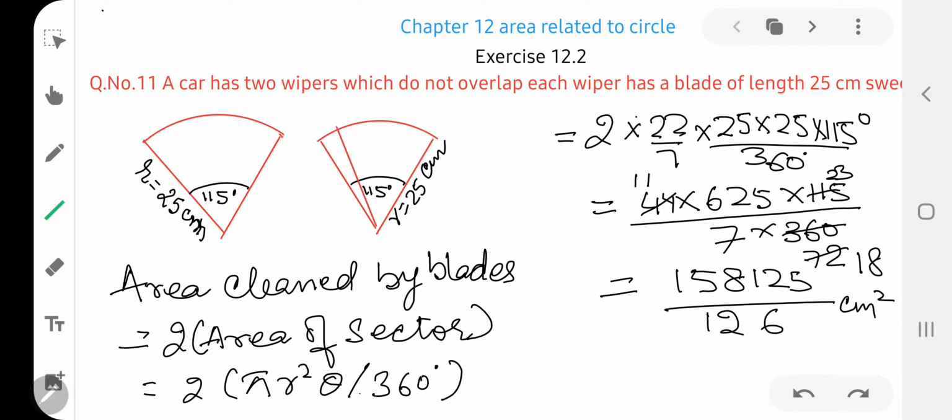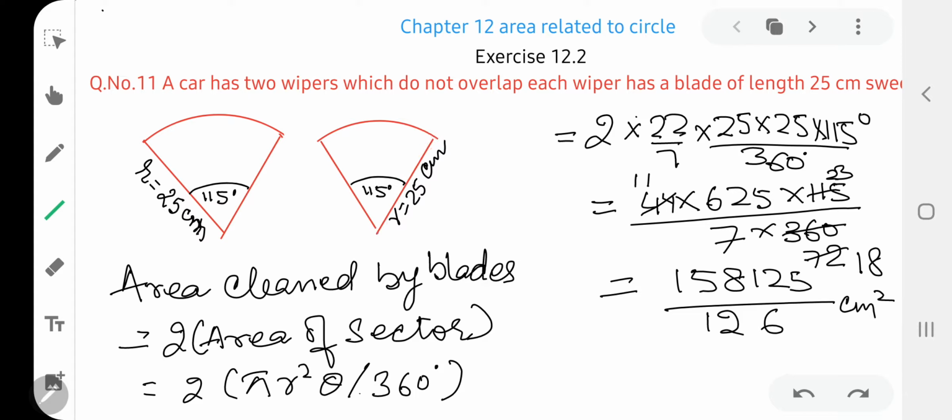So two wipers move like this, and they always move to form sectors the way you are able to see here. Sometimes you have dirty glass, and if you wipe off the glass with this wiper, you will see this impression over the glass of the car. I hope everybody is now able to understand.